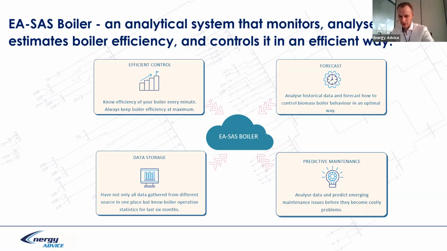You can make your own decisions over our decisions that we are supplying. You can do predictive maintenance. You analyze data and predict emerging maintenance issues before they become costly problems, because we see deterioration of the parameters through time in a 5-minute range.